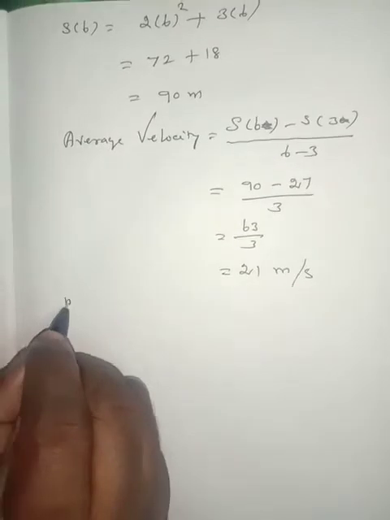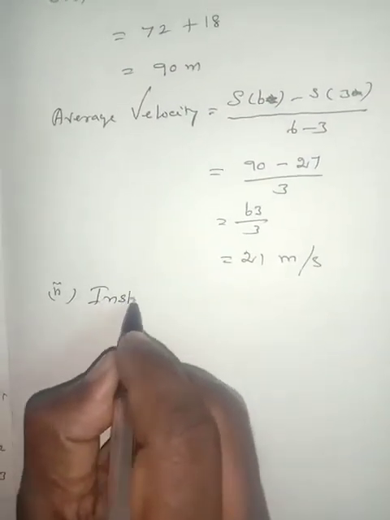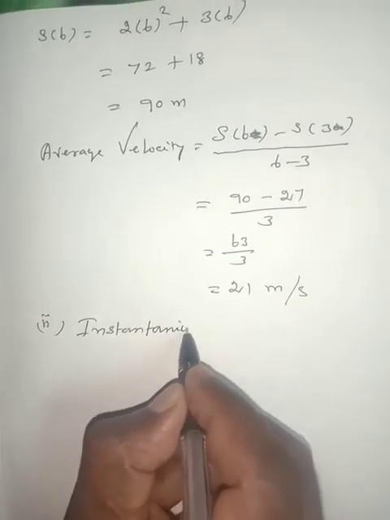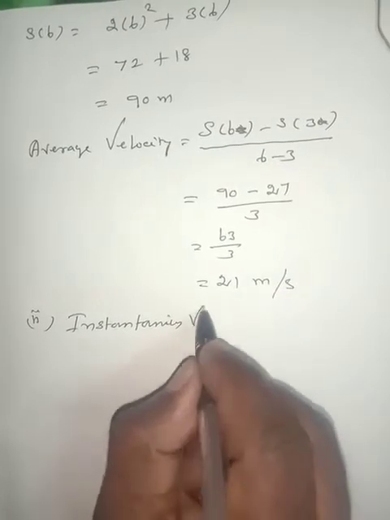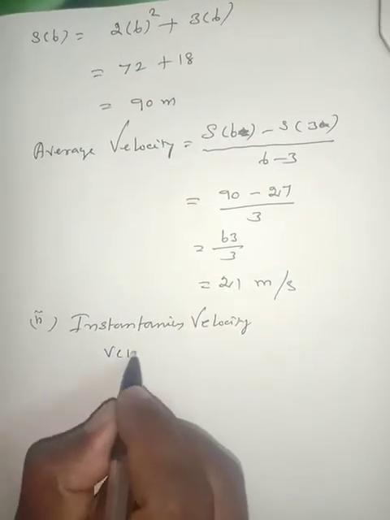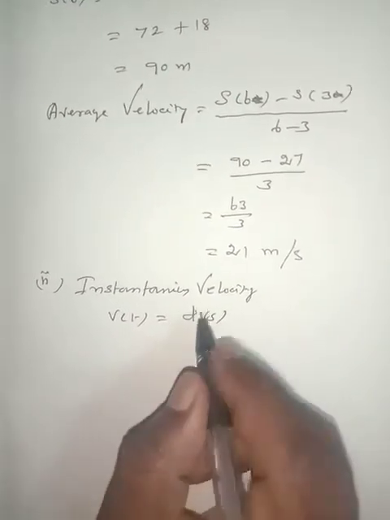Solution number 2, instantaneous velocity v of t is equal to ds divided by dt.